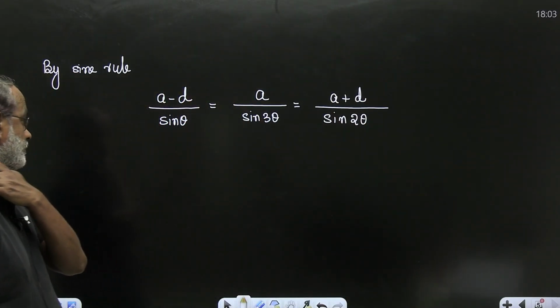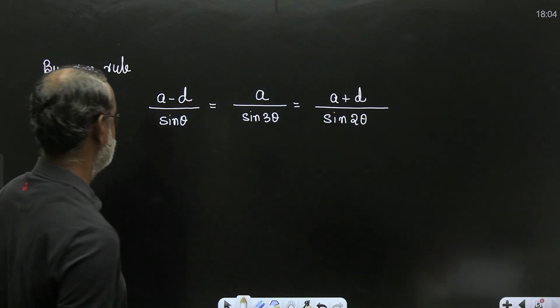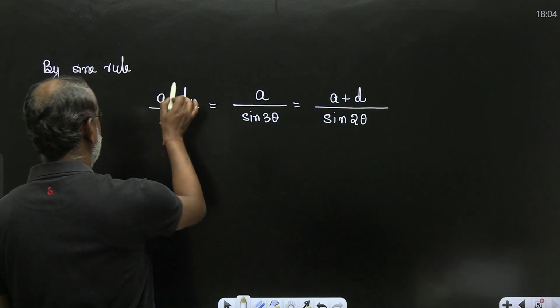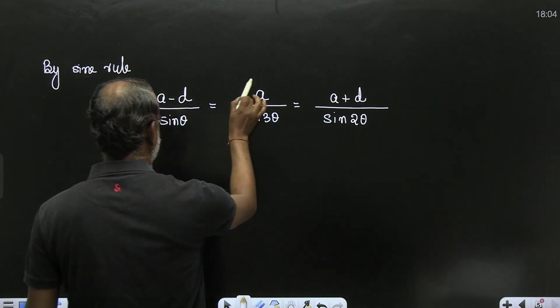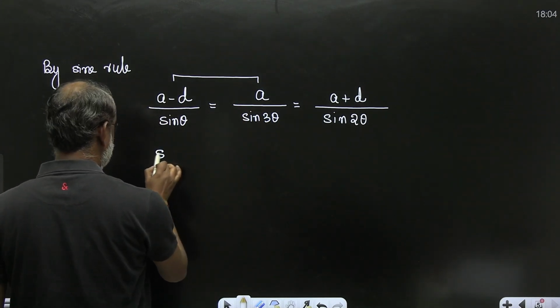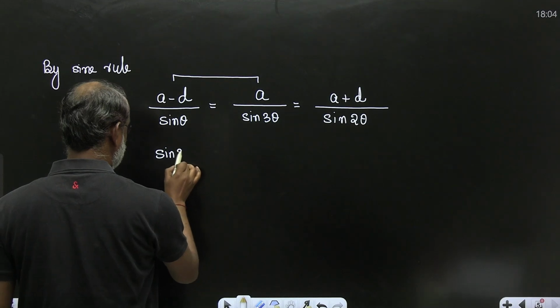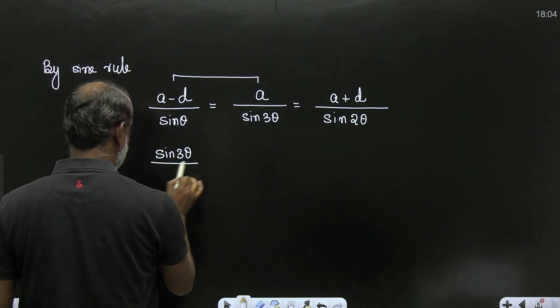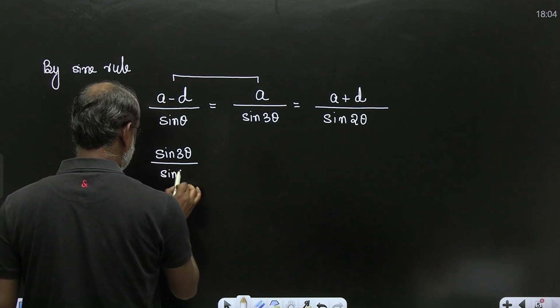Okay. So now from these two, what do we get? Sine 3 theta upon sine theta.